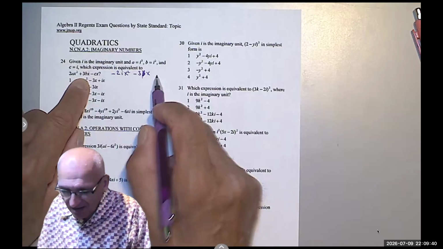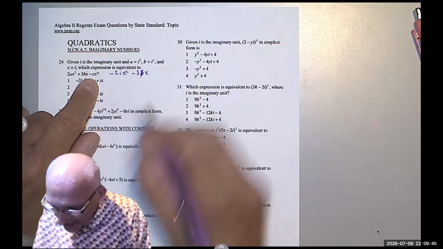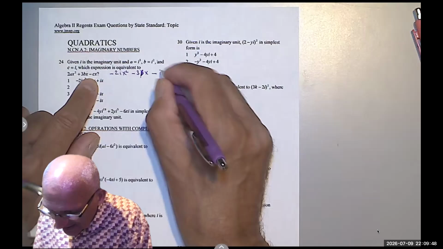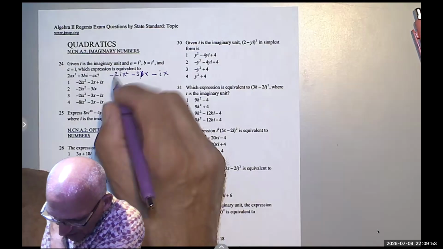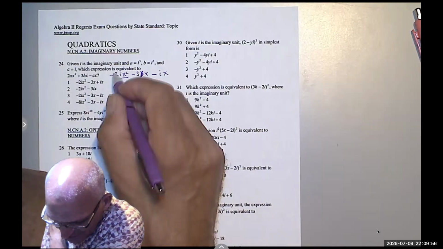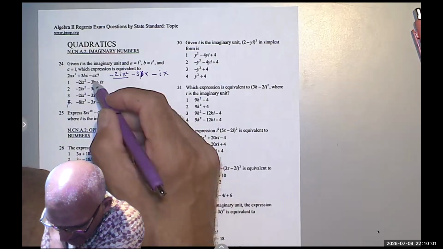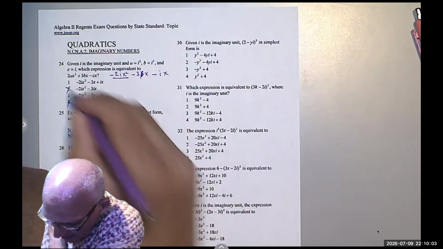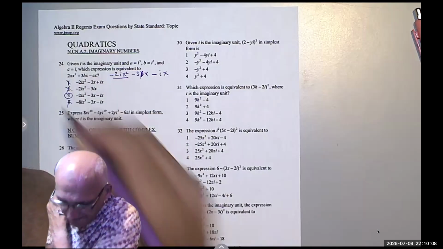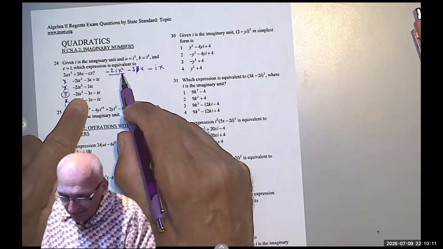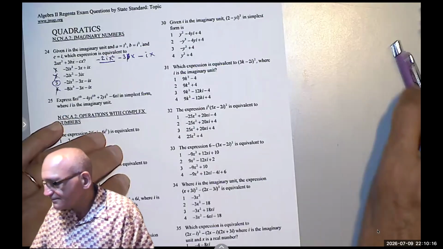Negative 1 times 3 is negative 3 times x is negative 3x. C is I, so minus ix. Now I have negative 2ix squared, negative 3x, minus ix. So the answer is 3: negative 2ix squared minus 3x minus ix. Simple, right? Okay.